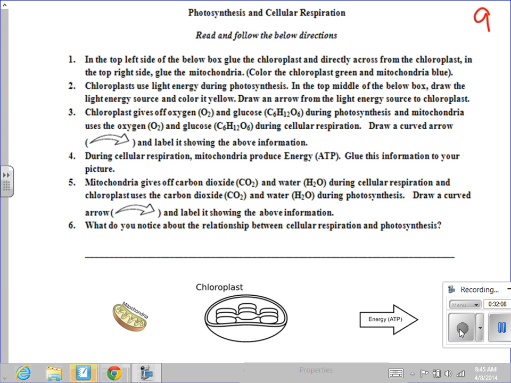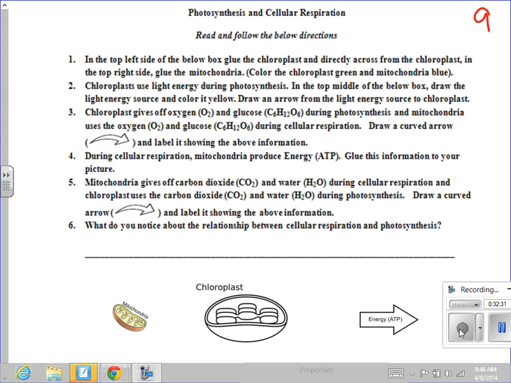All right, so in the top left side of the below box, you're going to glue the chloroplast. Glue the chloroplast, and directly across from the chloroplast, in the top right side, you're going to glue the mitochondria.